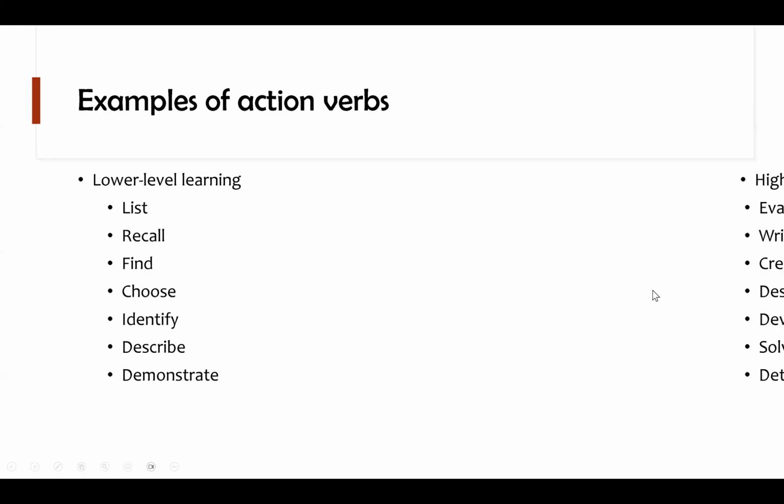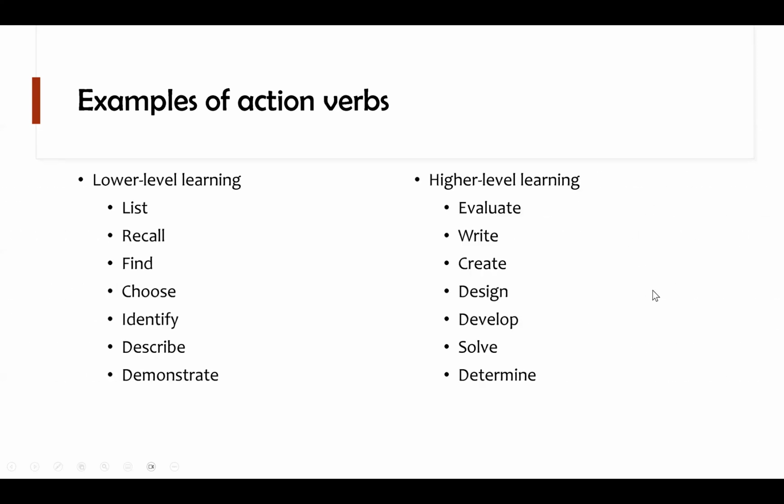And most of you have written a lot of lesson objectives. If not, this is an example of some of the verbs that you might use. Remember, it has to be an action verb. So if you're just introducing the topic, you're going to use lower level learning.